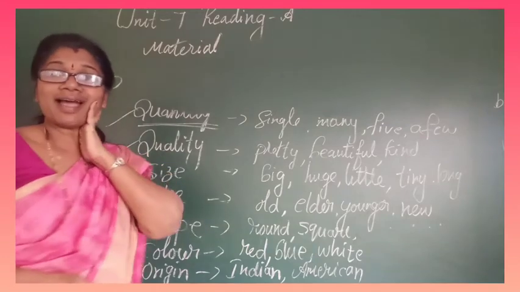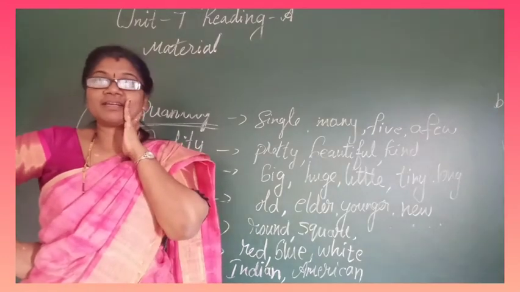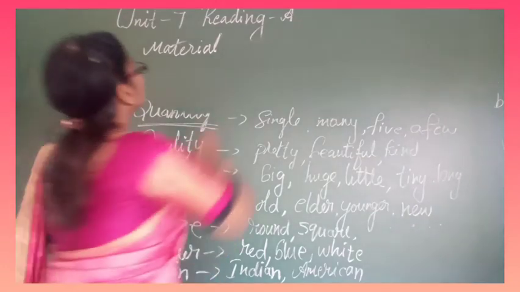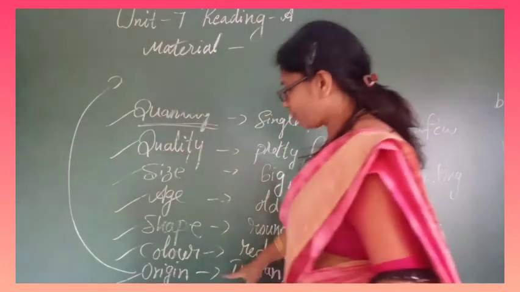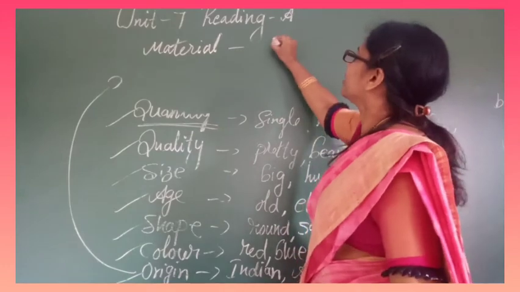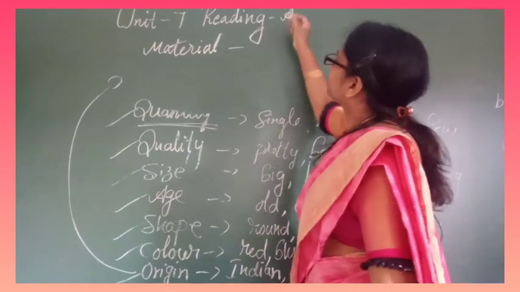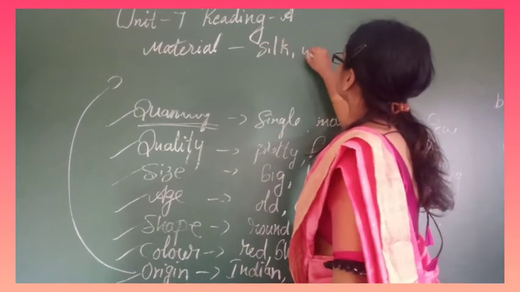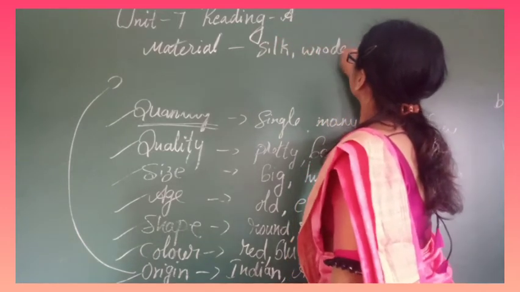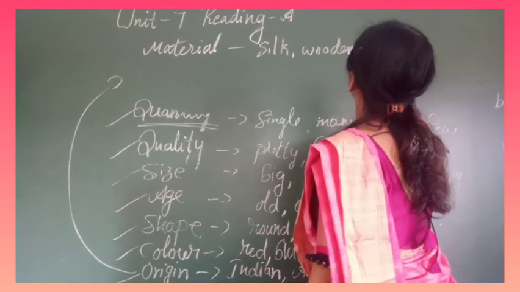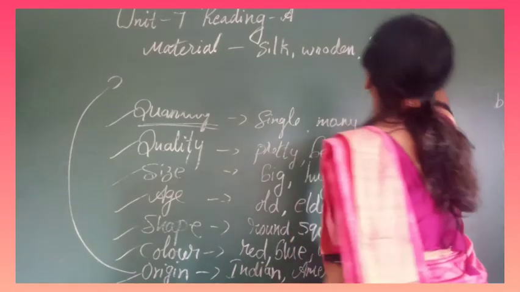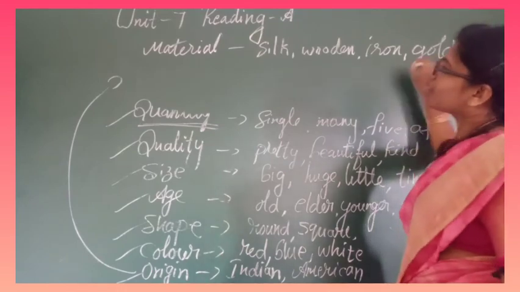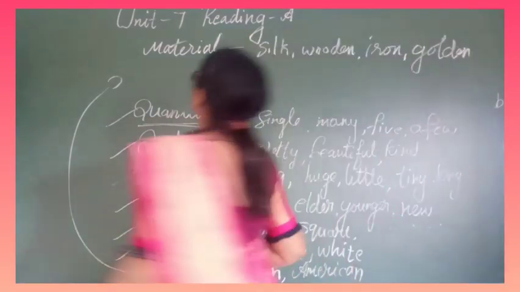You cannot say, I bought silk beautiful three sarees. Awkward, right? So you should use material after origin. Material means like silk, wooden, iron, golden, diamond, whatever it may be, describing the noun with the kind of material.